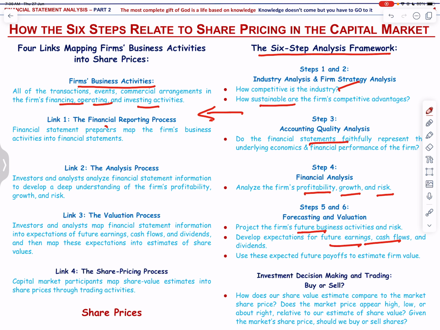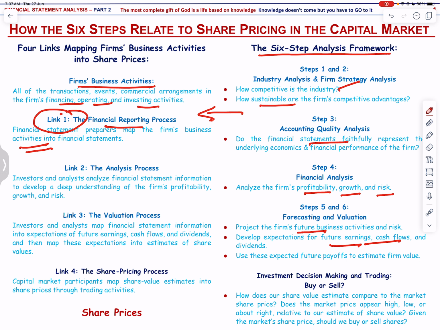Financial reporting is the first link or the first step in the share pricing process. Accountants translate the firm's business activities into financial statements such as balance sheets, income statements, cash flow statements, and notes. These statements serve as a credible way for the firm to communicate essential information to stakeholders about its financial status and performance.